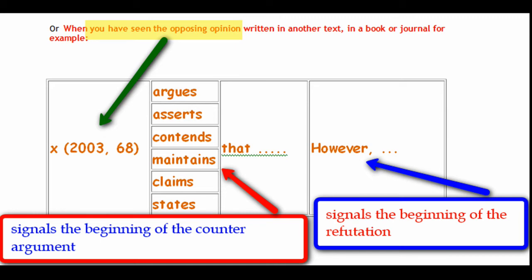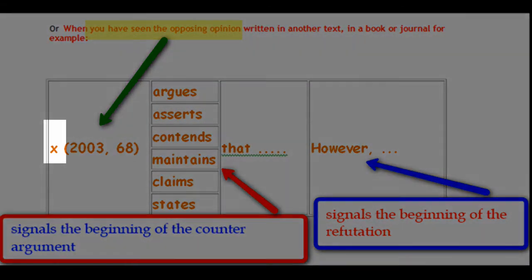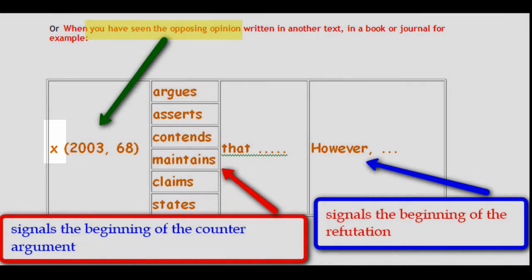Another way to do the in-text referencing for the second situation is to start with the name of the author, the year and the page number. So you use those first, then the words argues, asserts, contends, that, etc., followed by the refutation.